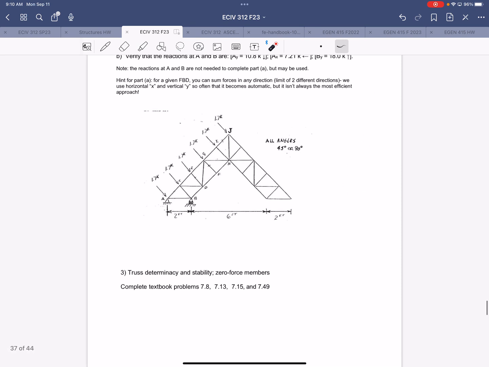Got a hint in there for you. And then the third problem should be, these are book problems. They should be pretty short. These are just evaluating determinacy and stability, and then that's these three. And then this last one is identifying zero force members. So we've already talked about determinacy, so today we're going to talk about all the other stuff.